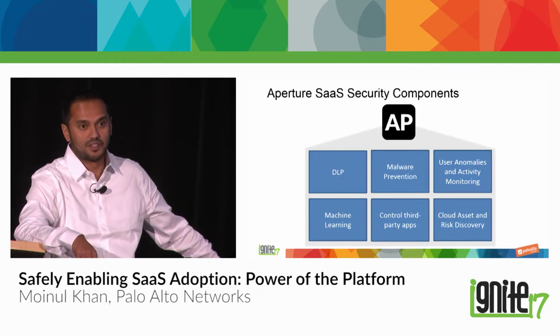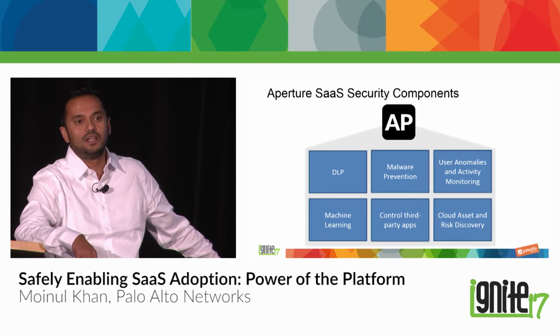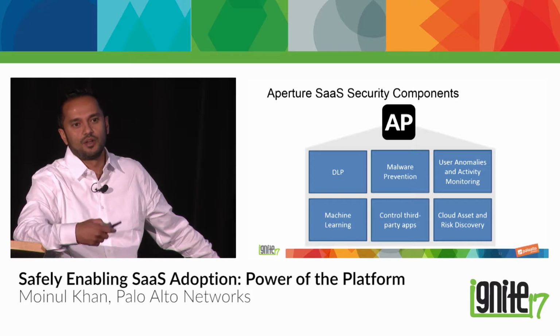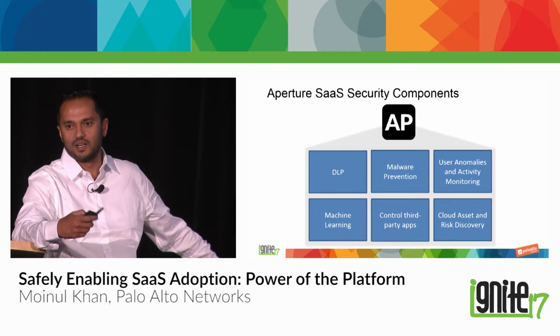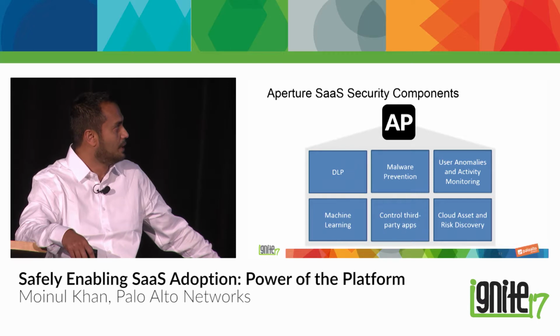For malware prevention, Aperture is fully integrated with WildFire in the cloud. So what that means is not only can Aperture protect you from known malware, but if we see an unknown, Aperture can send that unknown to WildFire. WildFire will sandbox it. We get a verdict, and based on the verdict, Aperture can take actions.